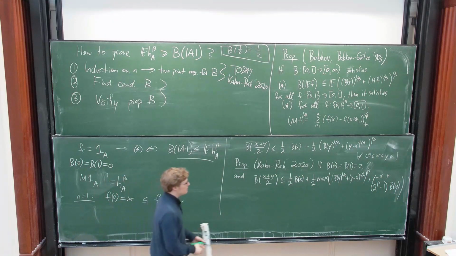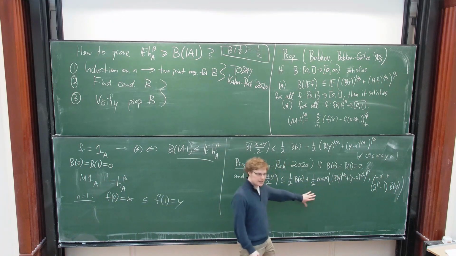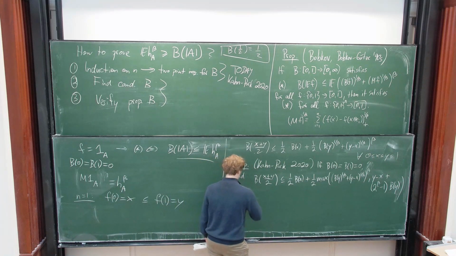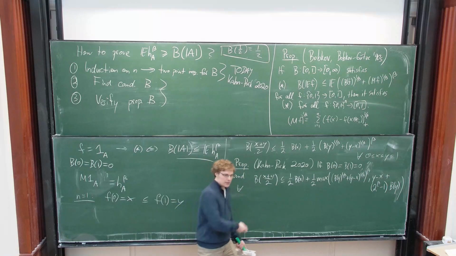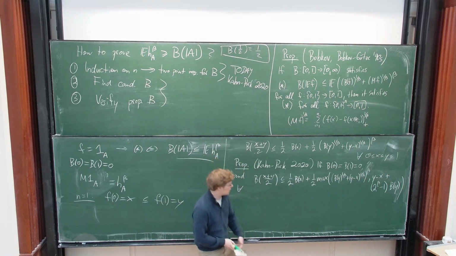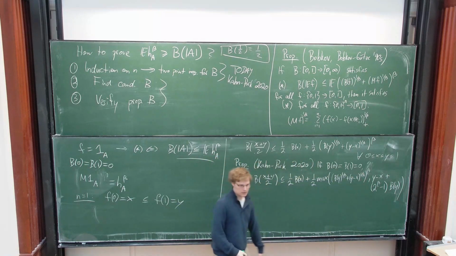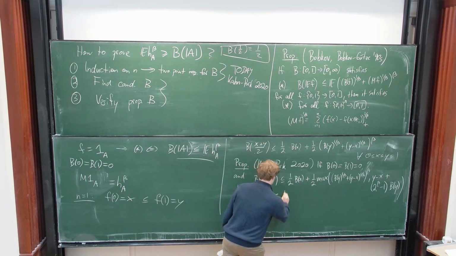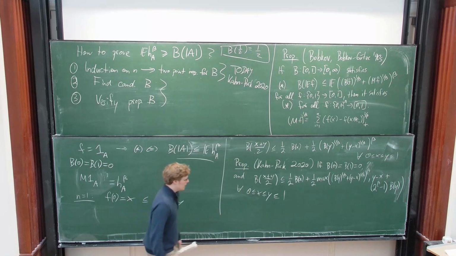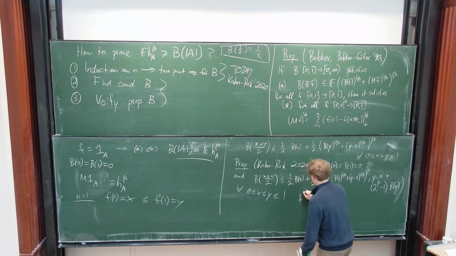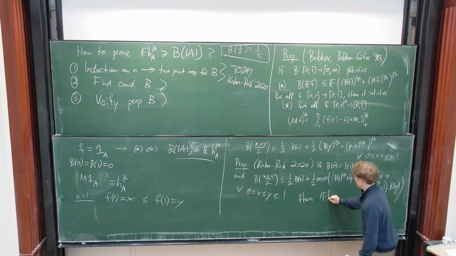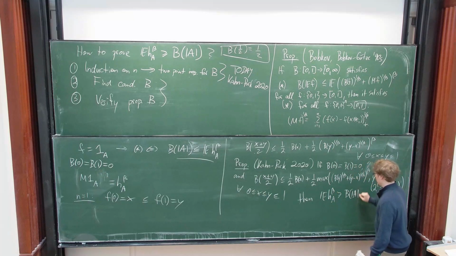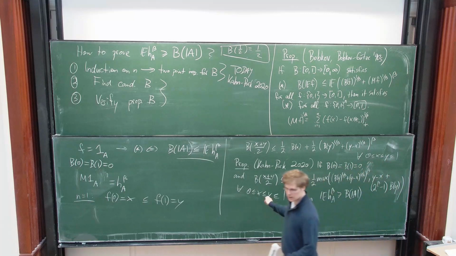So we've just replaced this by a max, we made it bigger, we made it easier to satisfy this inequality, so hopefully in step 2 and step 3, step 2 will be easier, it will be easier to find a candidate, but step 3 will be much harder because now you have all this mess to deal with, right? Okay, anyways, so we need to have this for all x, y smaller or equal to 1, and then we have our lower bound greater or equal to b of volume of A.